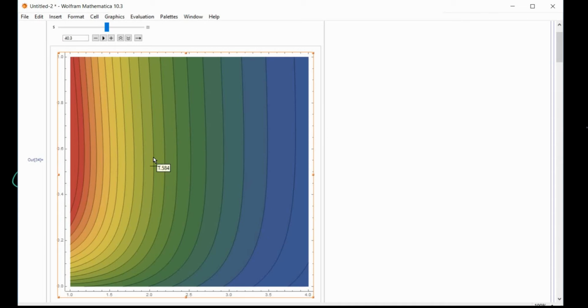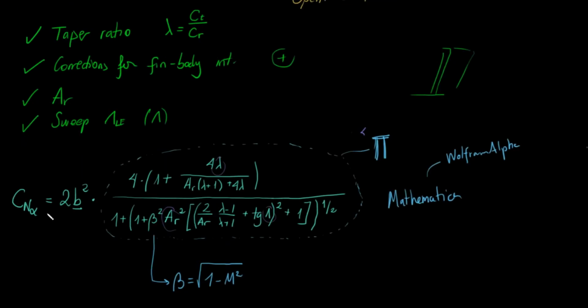Remember Stratus 3, I think it has an aspect ratio that's really low, maybe 1.5 or so. But again, this is the correction factor over the specific span squared. So just remember that.